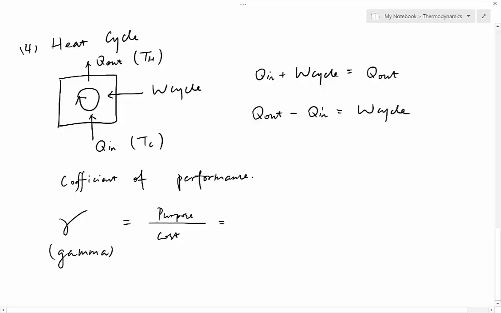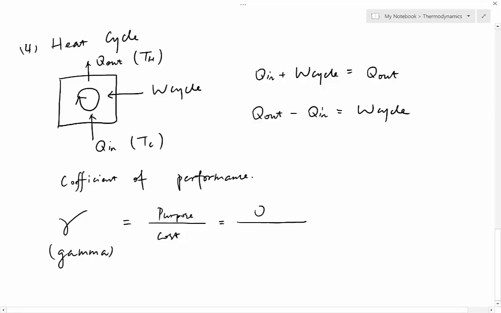Okay, so what is the purpose of a heat cycle? So in other words, out of the three parameters, Q out, W cycle, and Q in, which one is the purpose? Which one is the direct reason that keeps your house warm? In order for your house to stay warm, you need to give it heat. Which one is the heat going into the house?